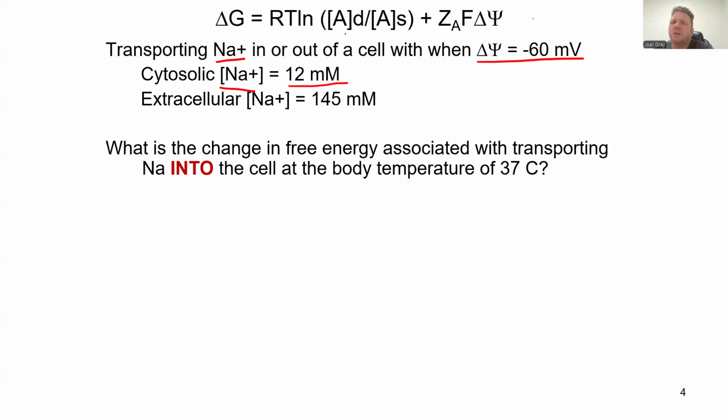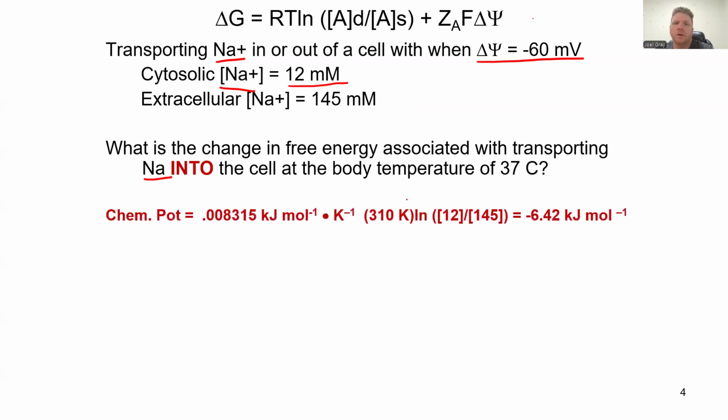Okay, so this gives us a destination and a source. Now, what is the change in free energy associated with transporting sodium into the cell at the body temperature of 37 degrees Celsius? In order to do this calculation, we can break this into two different parts, and we can look at this as the chemical potential.